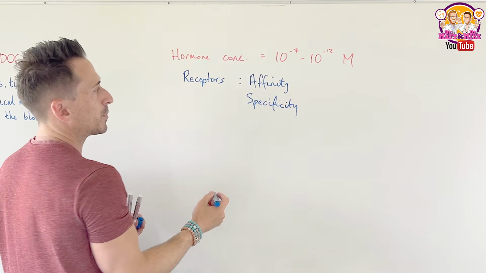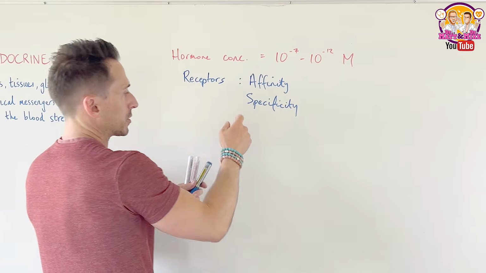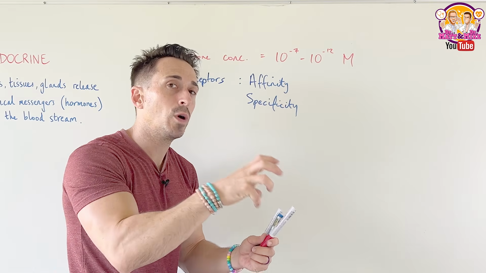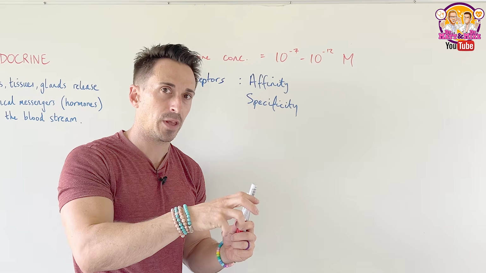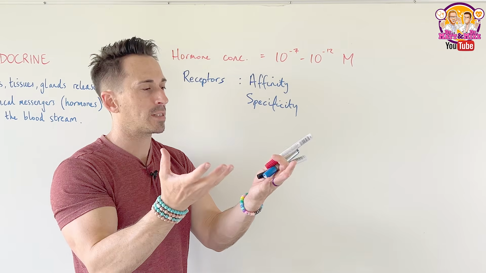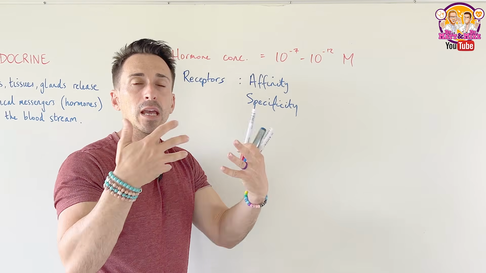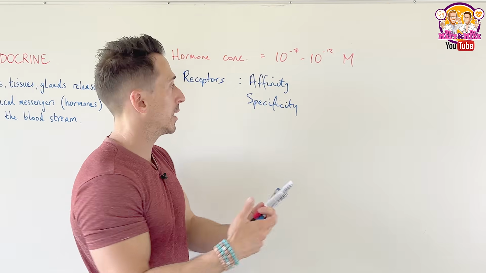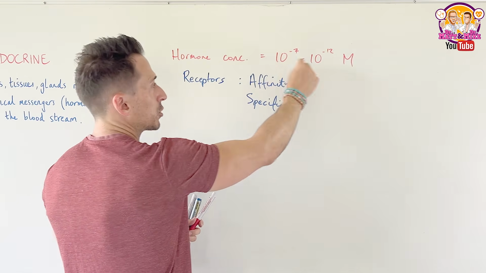Specificity. Okay. So first, affinity. Affinity is how strongly it will bind to the receptor. That means the hormone and the receptor must have a perfect key-lock mechanism, so it must bind really, really tightly. That's the first thing, because it's such a low concentration.